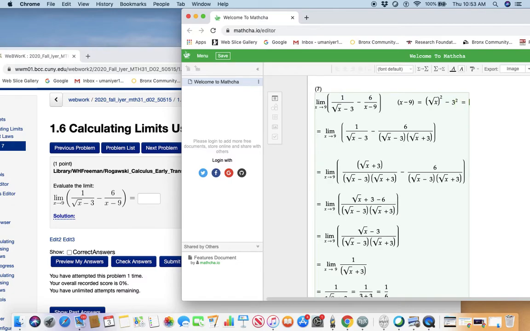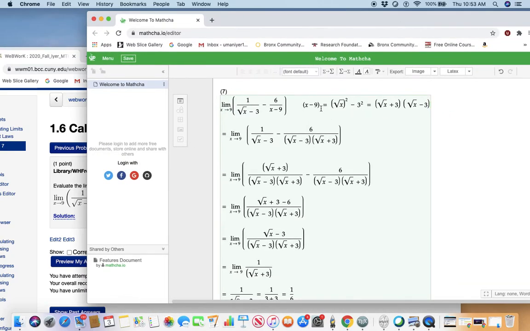So this is nothing but (square root of x plus 3) times (square root of x minus 3). So there is a factorization going on. So it is root x plus 3, root x minus 3.